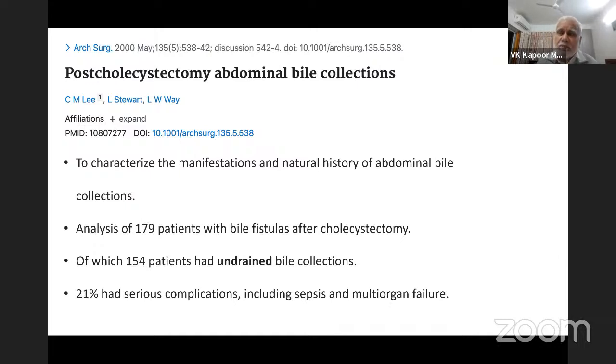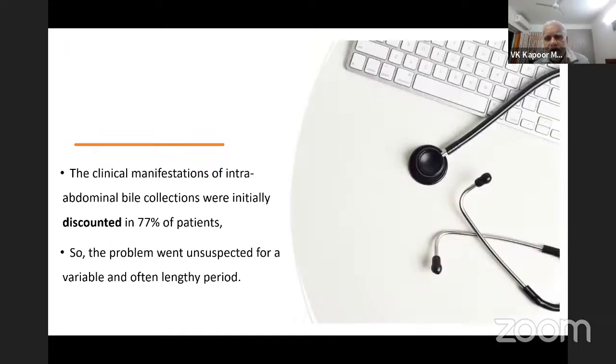Therefore, it is very important to find out if there is bile in the peritoneal cavity, because if it is there, it has to be taken out either by percutaneous radiological intervention or by surgical intervention, which could be a re-laparoscopy or laparotomy. But most cases these days do not require surgical intervention, because if you have good interventional radiology support, it can be done by percutaneous intervention.